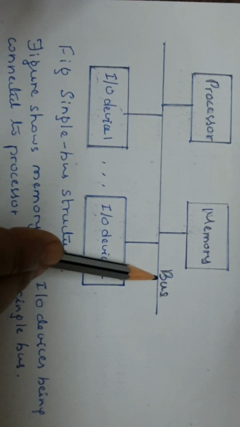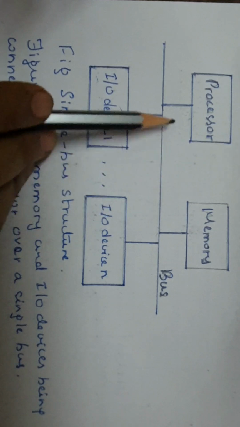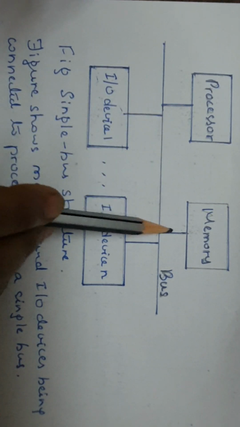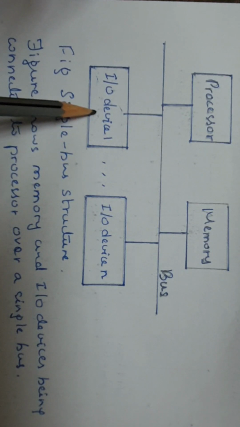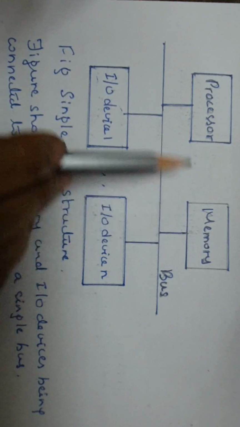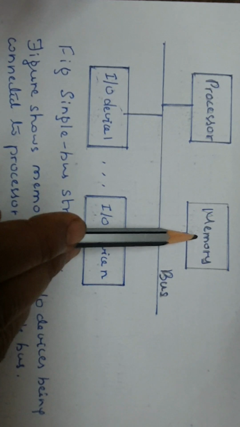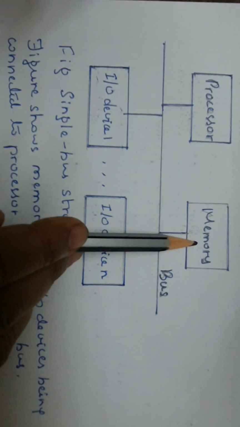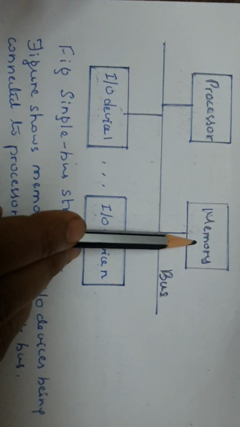So this bus will have three sets of lines: data lines, address lines, and control lines. On address lines, the processor sends the address of that memory location where the IO device address is stored, and over control lines it sends command or control bits to specify to that memory location, or to the IO device connected to it, whether the processor wants a read operation or a write operation.